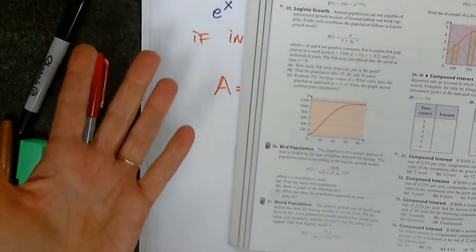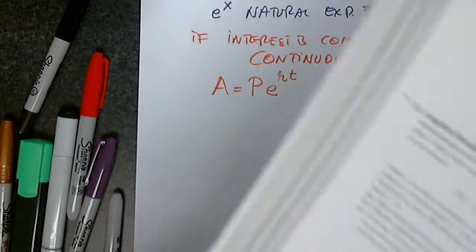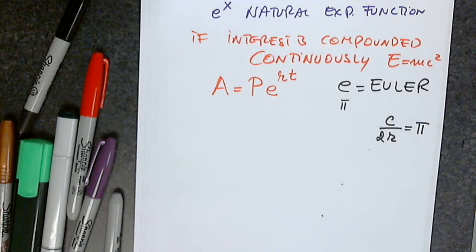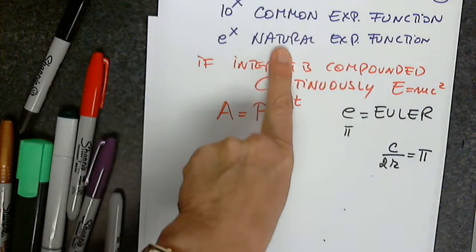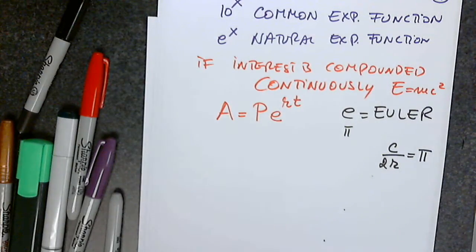All of them have exponential functions in them, and all of them have the same base, e. That's why it's called a natural exponential function. It appears everywhere in nature, from the diameter of a tree to logistic growth, bird population, world population, skydiving, radioactive decay. It's so widely spread. That's why it's called natural. It's coming up in nature all the time, in everything.